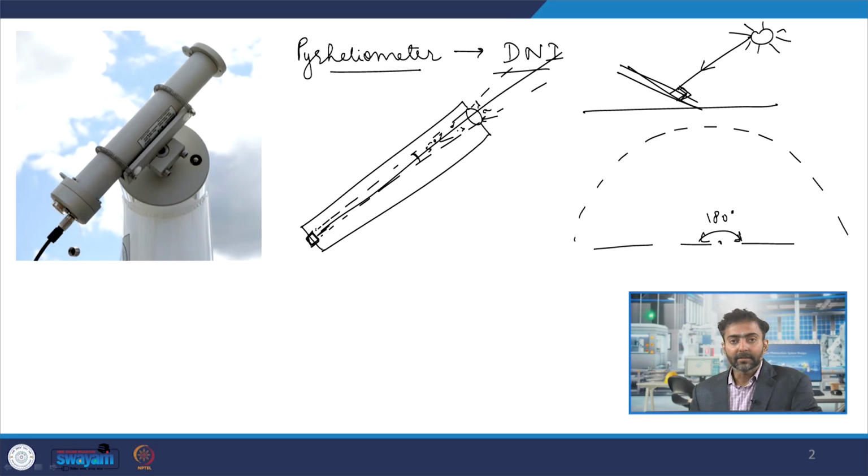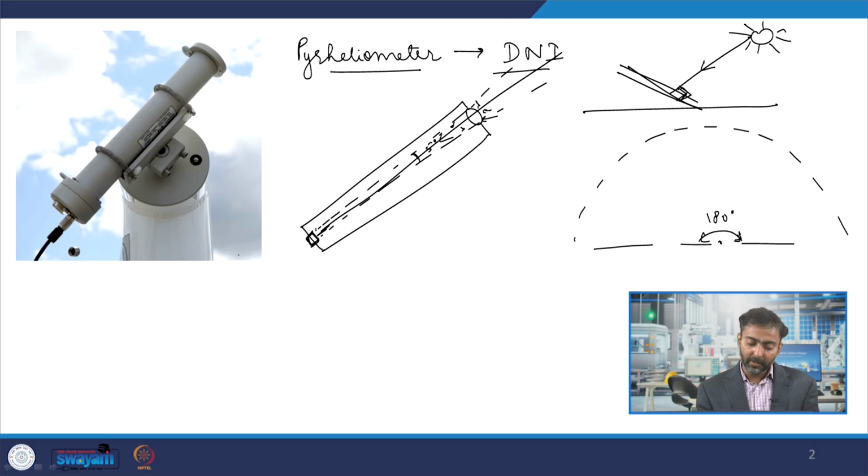Now the question arises that sun is not a static thing, it is continuously moving. I mean, earth is moving around the sun, but if you look at a geocentric perspective for an observer on the earth, the sun seems to be moving continuously from east to west in the sky. So for that matter, this particular device cannot also be a static device. It is not possible to measure DNI through a static device. It has to track the sun throughout the day.